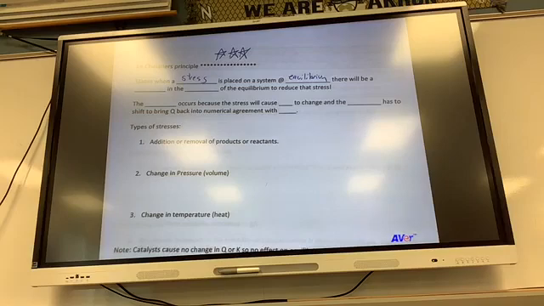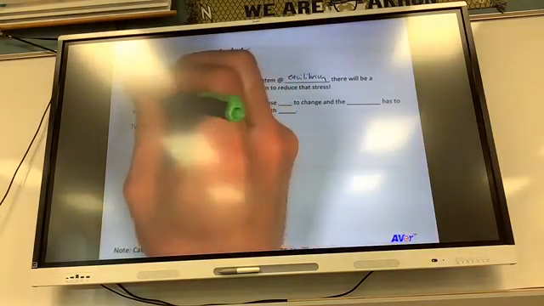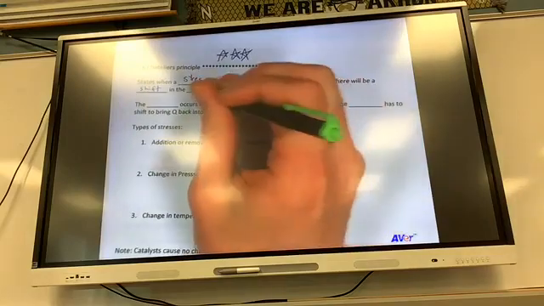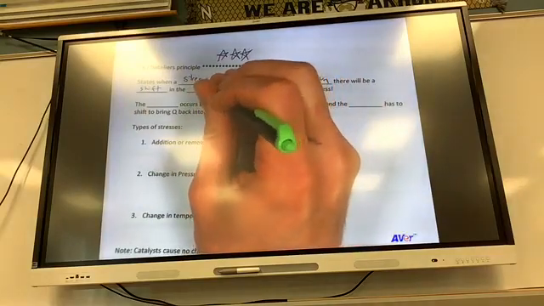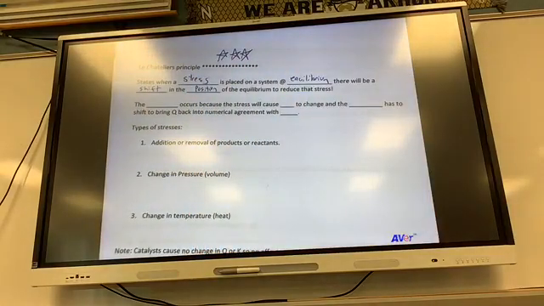Hopefully the answer is not push it back down. In chemistry, something has to change. So the stress is placed on the system, there will be a shift in the position of the equilibrium to reduce that stress.